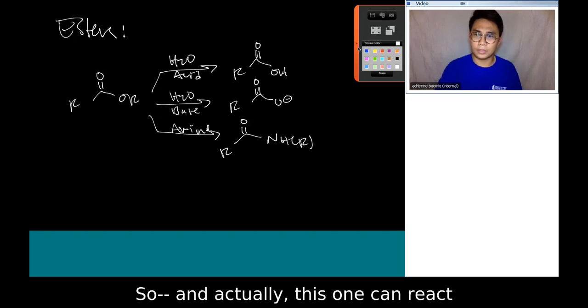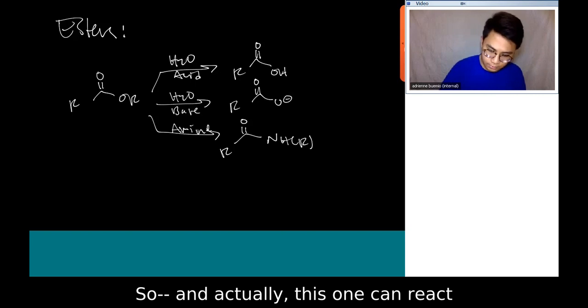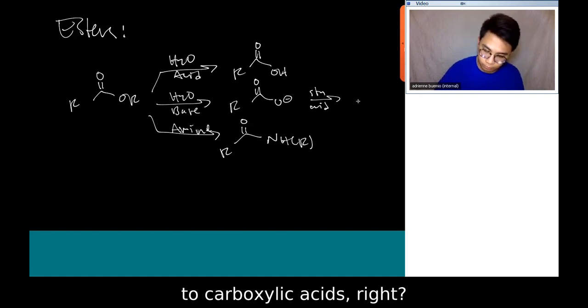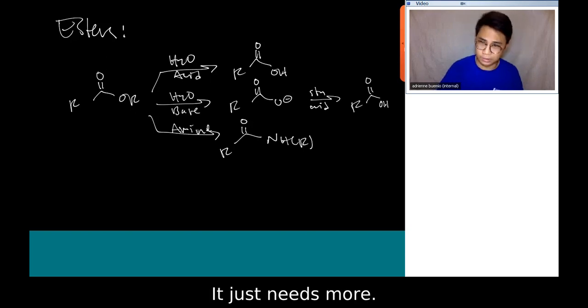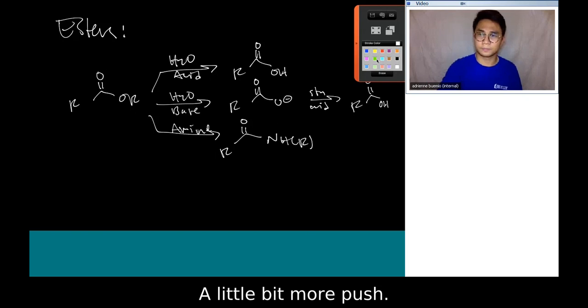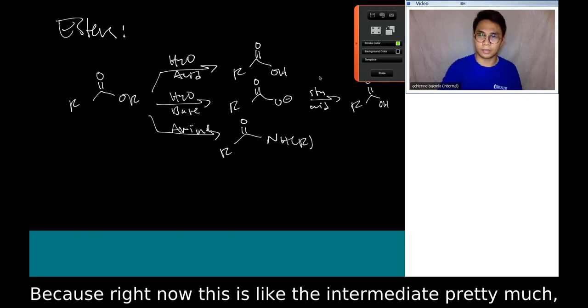And actually, this one can react with a strong acid and go all the way to carboxylic acid, right? So it can still go to carboxylic acid. It just needs a little bit more push, because right now this is pretty much the intermediate.